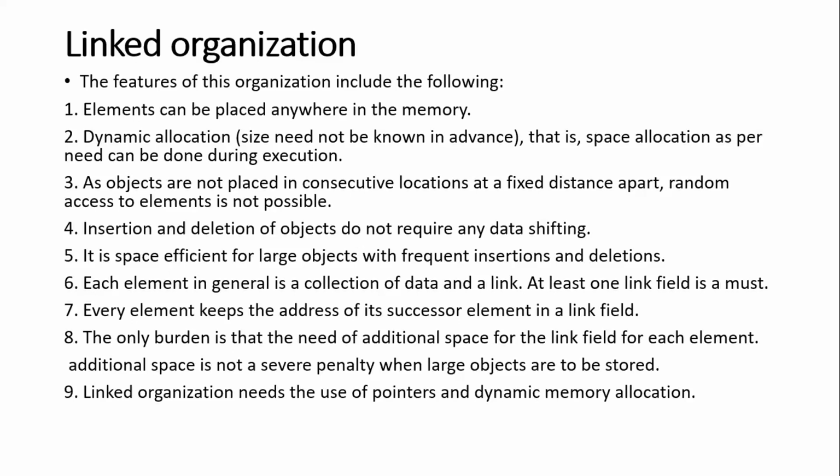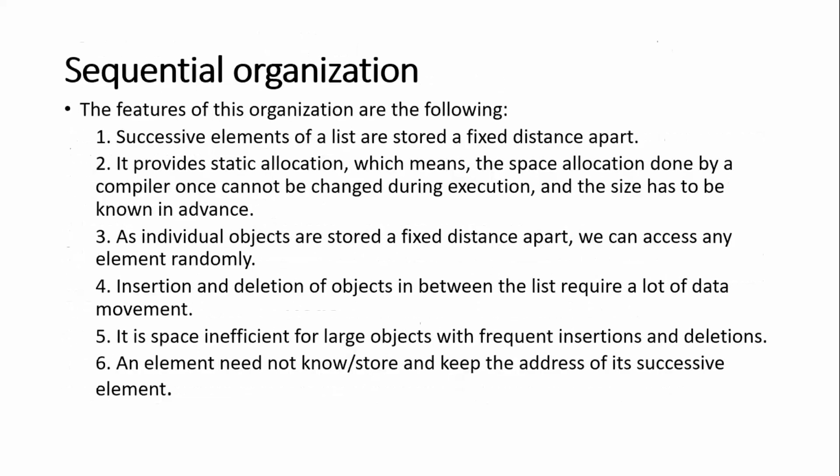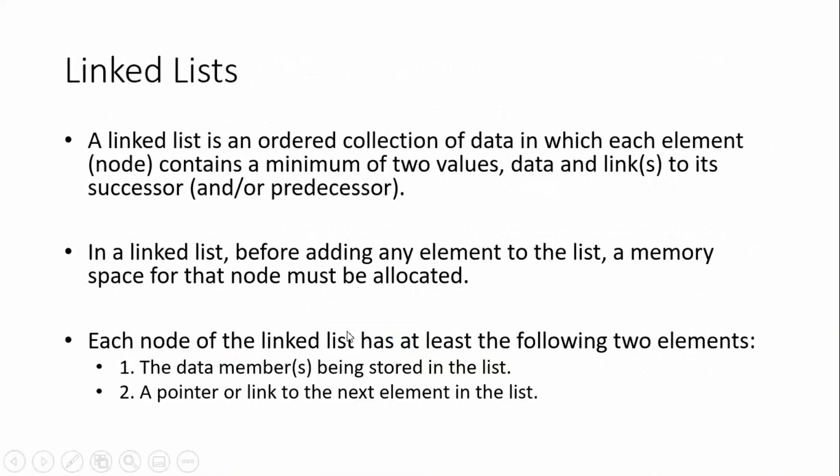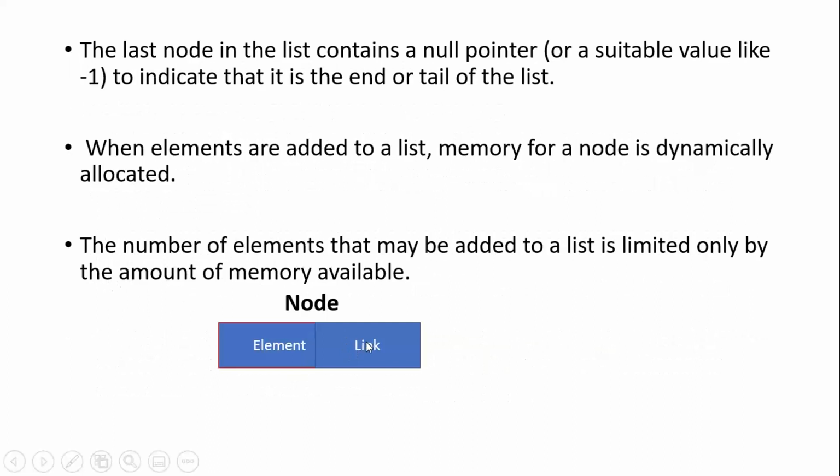Next, every element keeps the address of its successive element in a link field. So what does each node contain? A link. What is this link? This link is nothing but the address of its successor, I mean the node which comes after this. So it will have some memory address, and that address is stored in the form of a pointer.